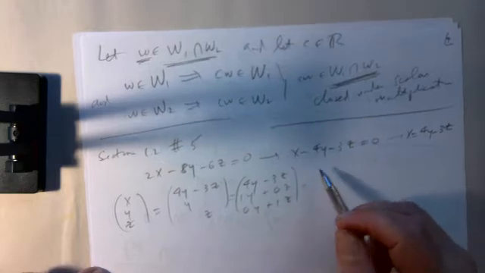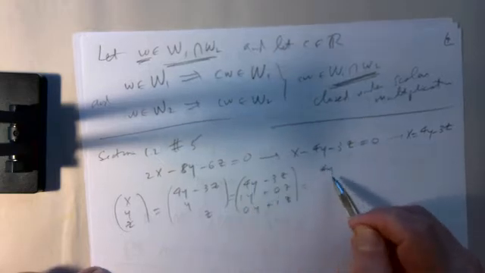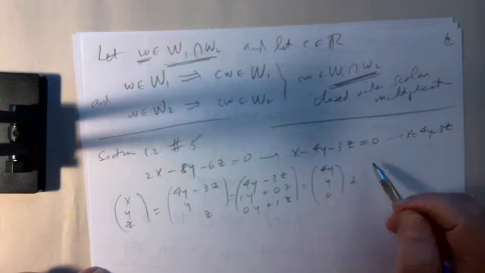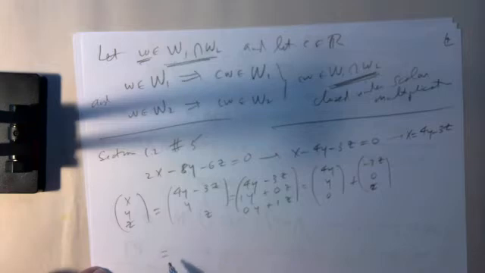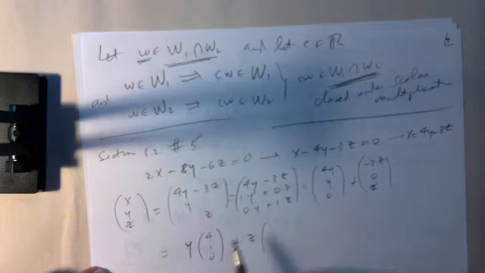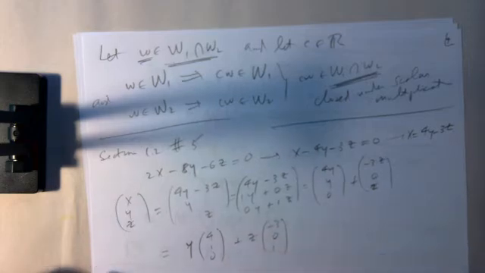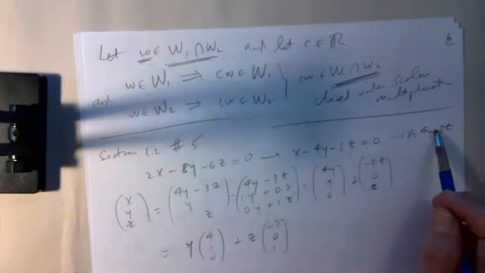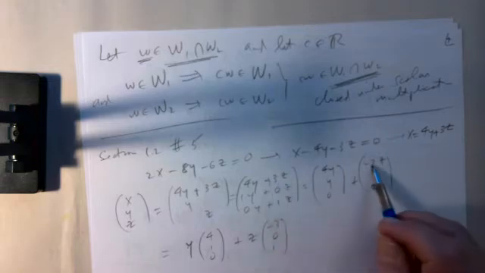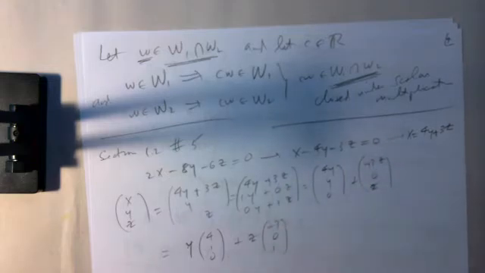So if I write this as a sum of two vectors, this is 4y, y, 0 plus 3z, 0, z, which is y times the vector 4, 1, 0 plus z times the vector 3, 0, 1. Let me just double check something. Oh, this should be a plus 4y plus 3z. Yep.